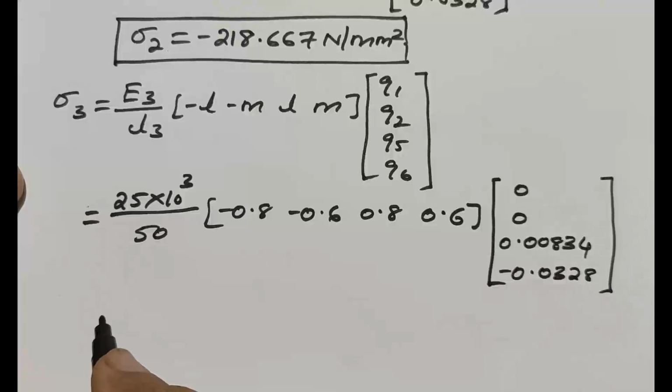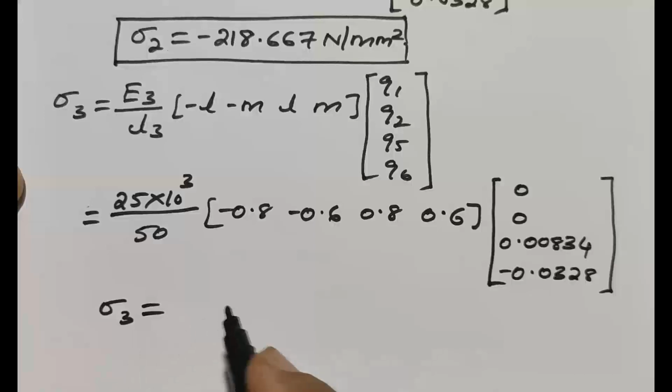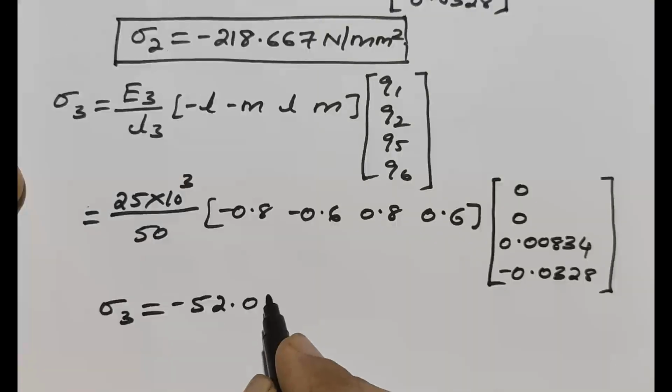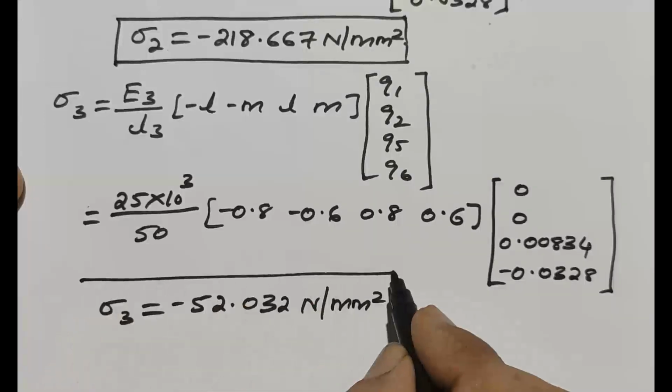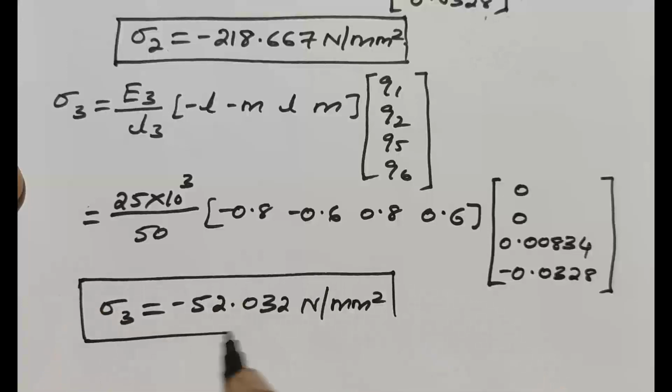If you simplify this, you will get sigma 3 is equal to minus 52.032 Newton per mm square. This is the stress in element number 3.